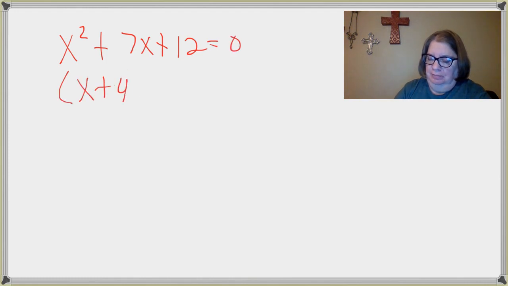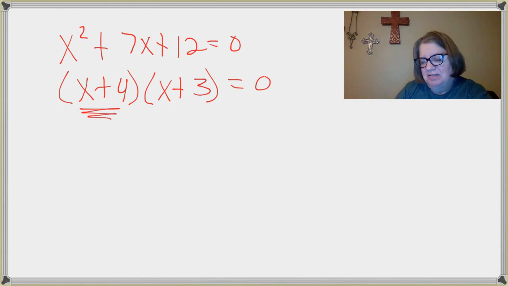Here's the factor step, which means that this factor times this factor is equal to 0. There is a property called the zero product property.